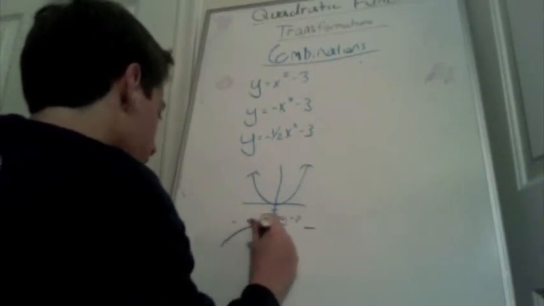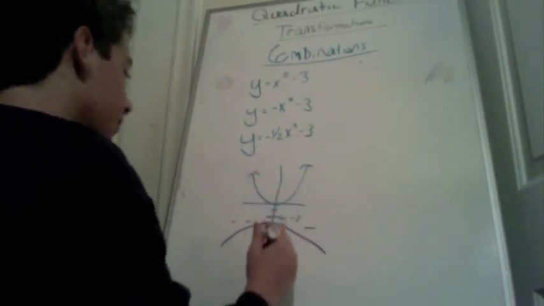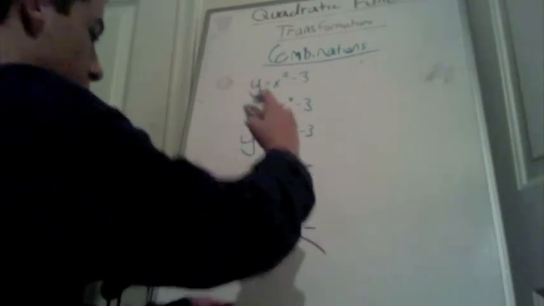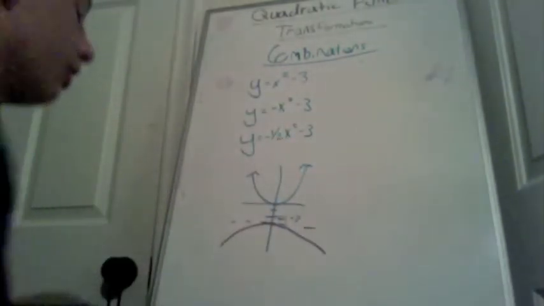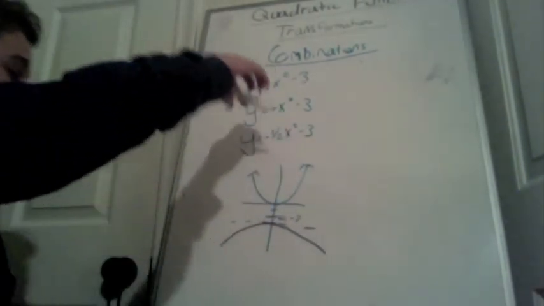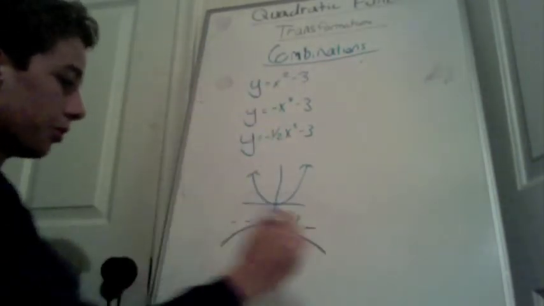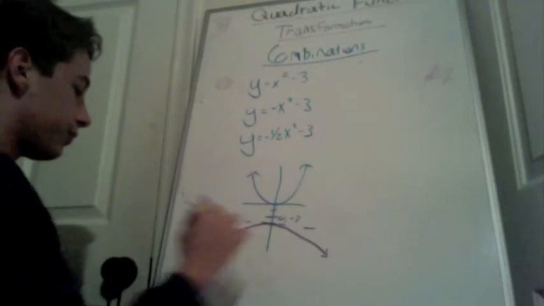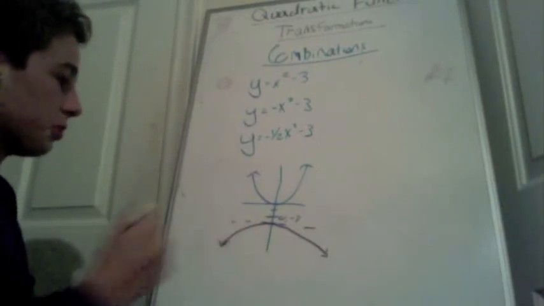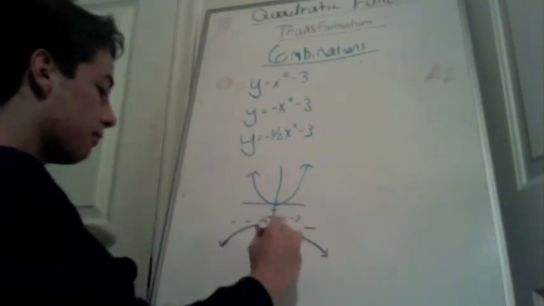We'll do negative 1/2, because we're pressing down like this, which is going to force it to look like that, as opposed to looking like that.